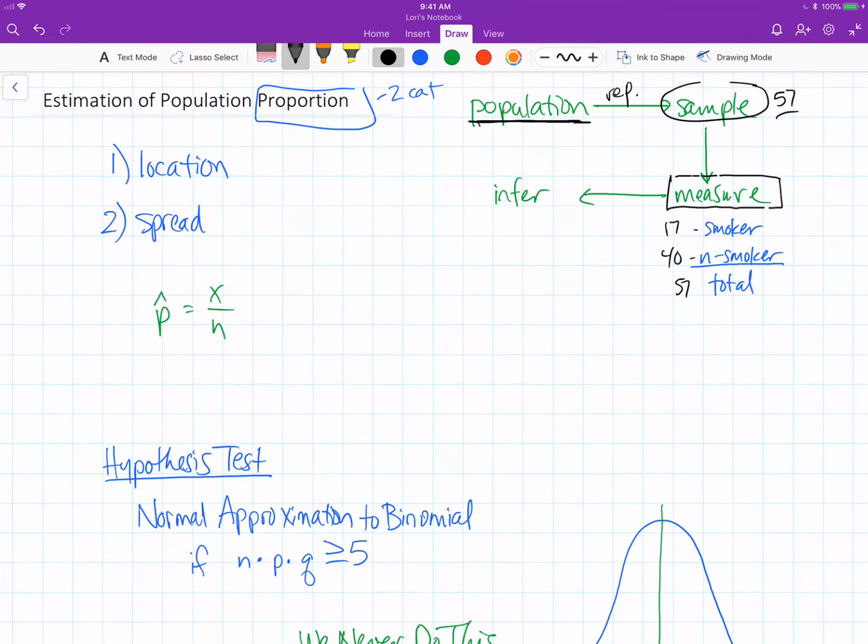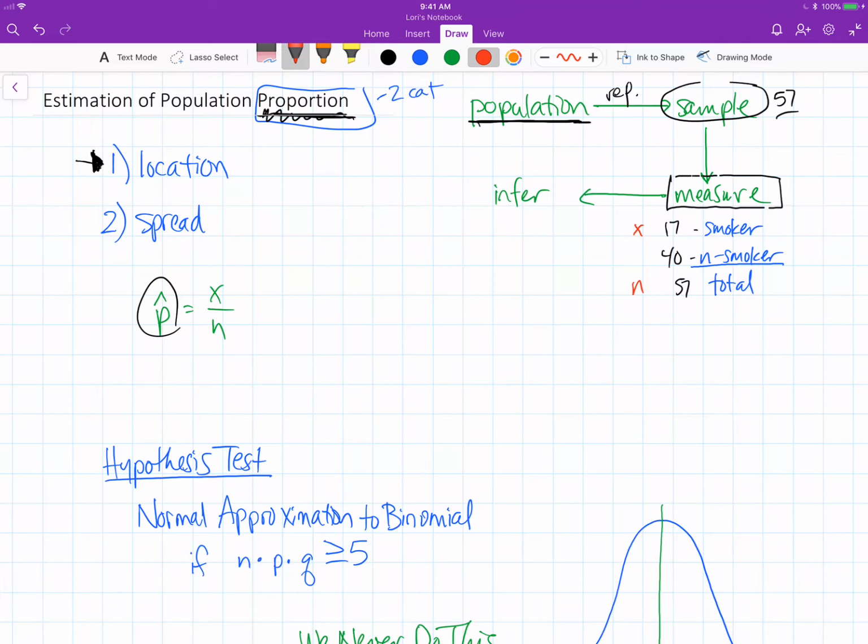Now, what we're measuring is what proportion of our sample are smokers, and we use a measurement called p-hat. p-hat is the proportion that is measured in our sample, and that is x, the number of positives, whatever it is that we're measuring, divided by n, which is the total number that whole group comes from.